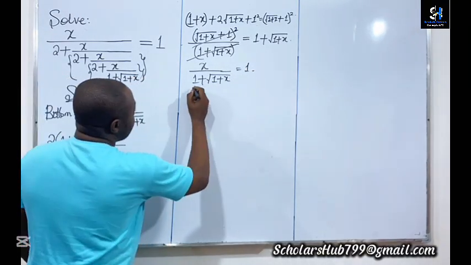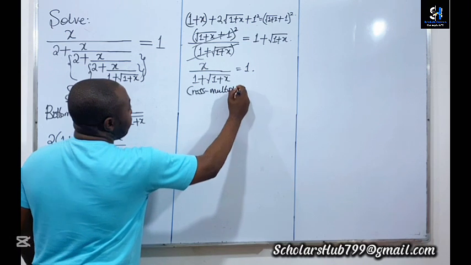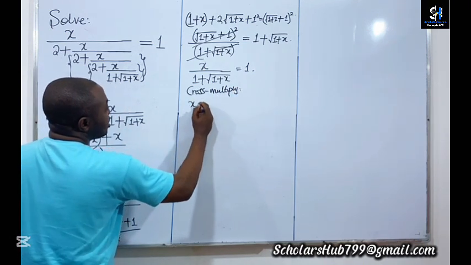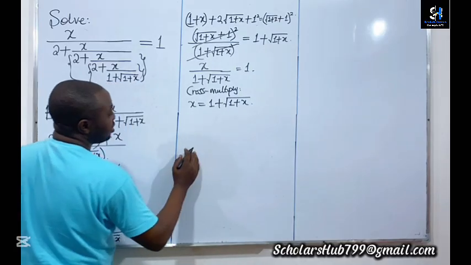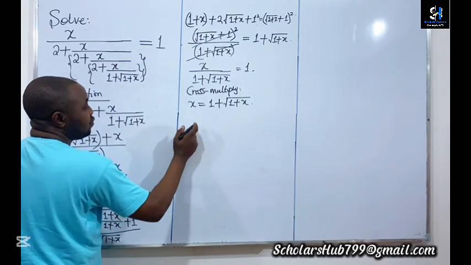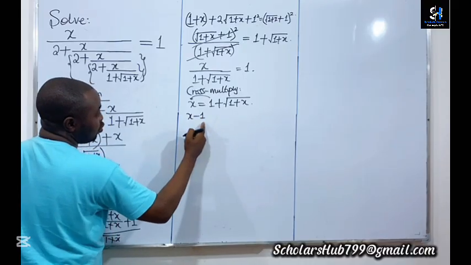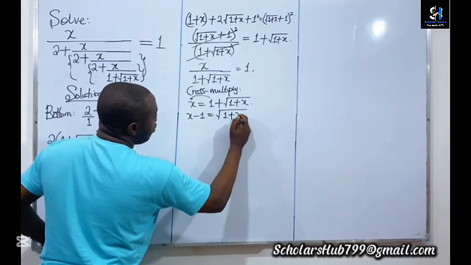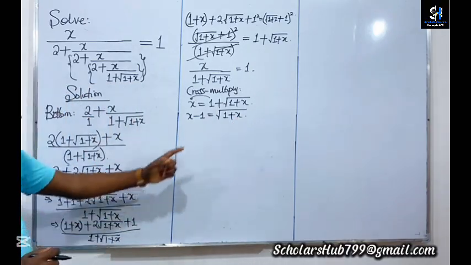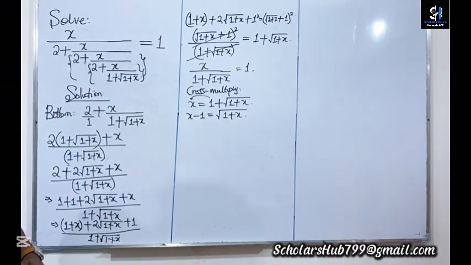So this is where we cross multiply, and this is going to be x equals 1 plus root 1 plus x. Then I'm going to move this to the left hand side, so it will be x minus 1 equals the square root of 1 plus x, because when we move 1 from the right hand side to the left hand side, it becomes negative 1.